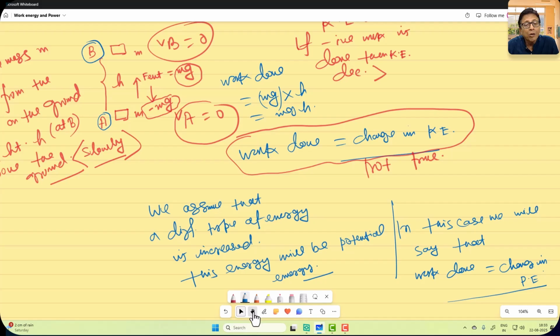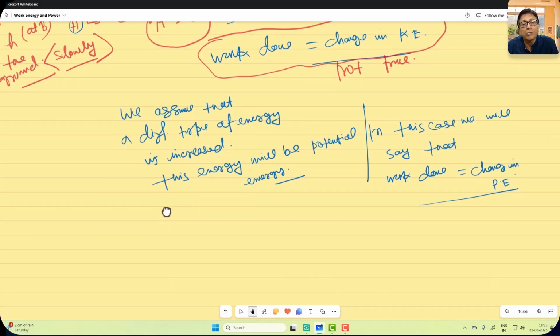We have taken the object slowly above the ground, but if the object is taken with a force larger than mg, then what will happen? If we take it to the same height, the velocity will change. Say the velocity at A is VA and finally at the point B it is VB.